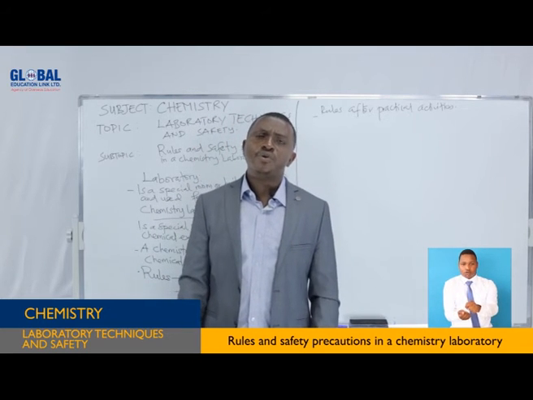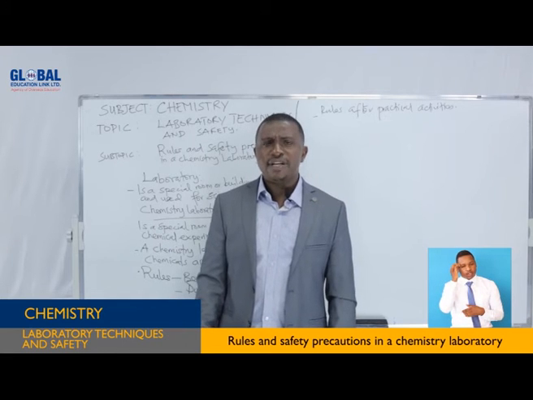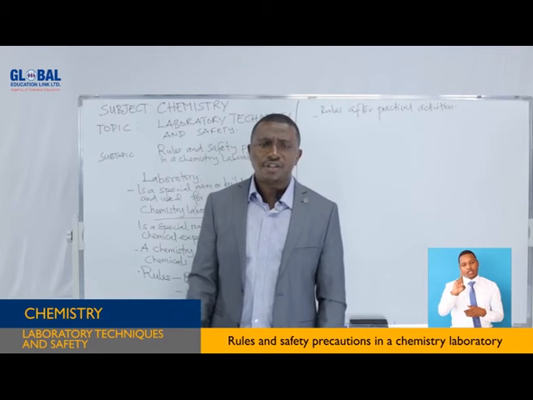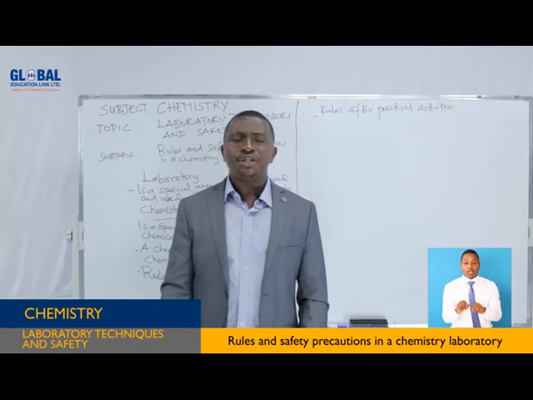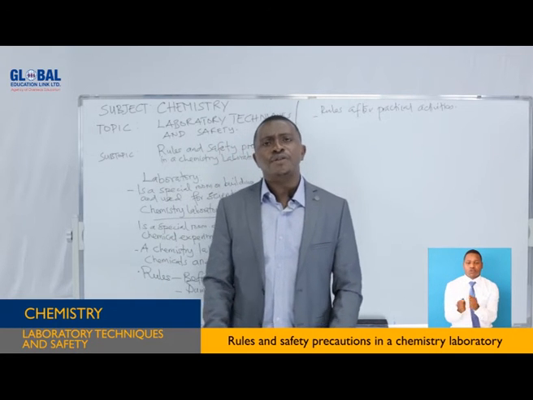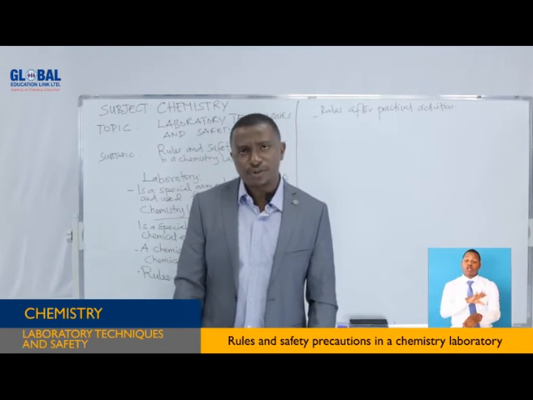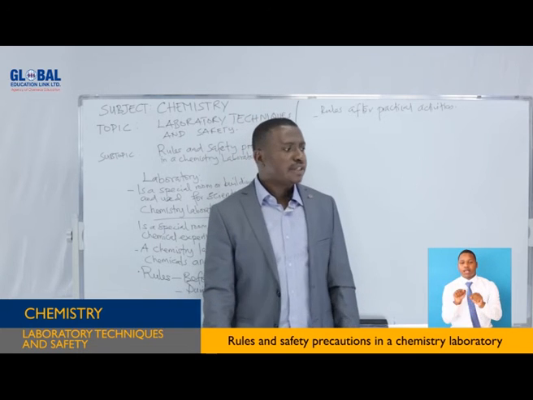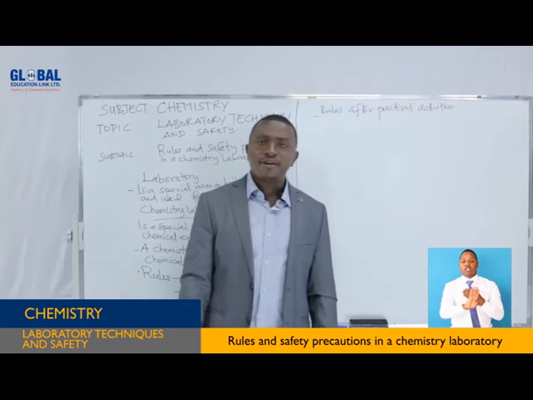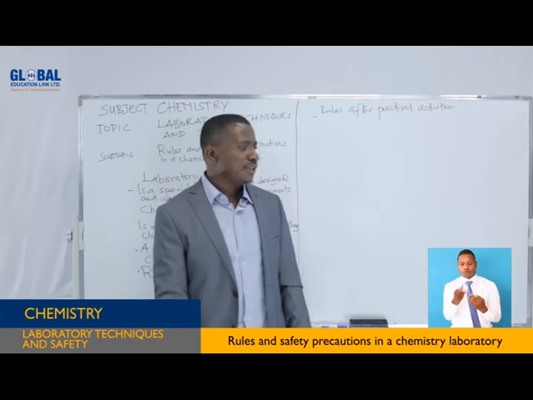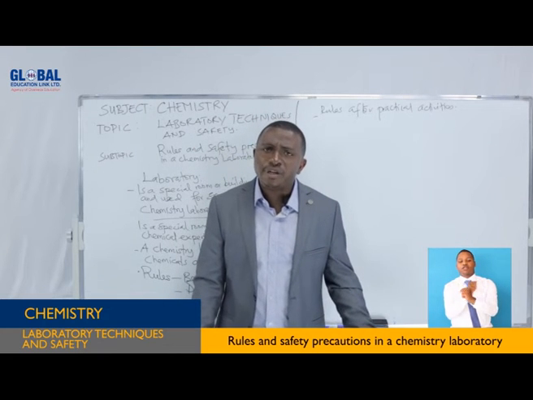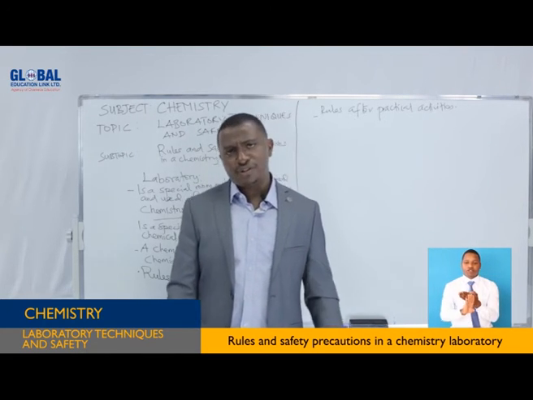Let's think of concentrated acids. The reagent bottles of concentrated acids should be stored in cupboards with drawers, and those drawers should have locks. This prevents contamination with harmful, toxic substances.